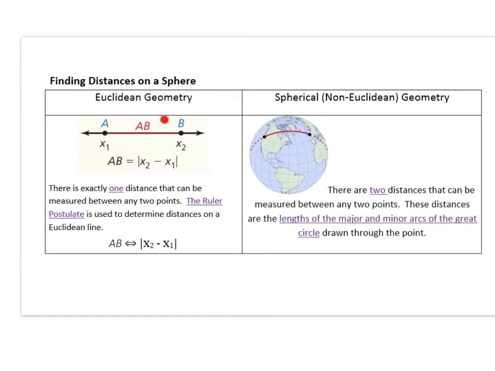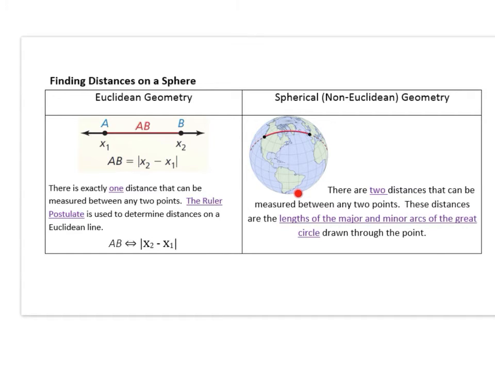And here's an illustration to help us refresh on the ruler postulate. So whatever point B is on the number line, subtract it from wherever point A is located, and whatever that distance is, it's always a positive distance, which is the reason you have the absolute value.